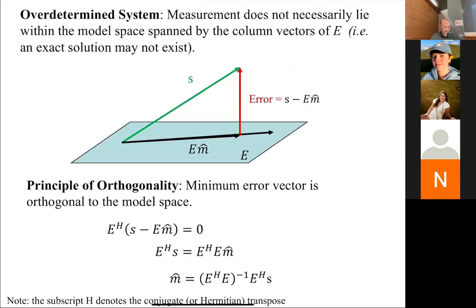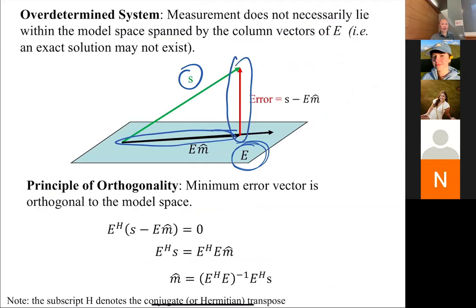Okay. So just to give you a sense of where that solution comes from: our encoding matrix spans some vector space, right? Our data doesn't necessarily lie in that vector space because it's an overdetermined set of equations. Therefore, we're looking for the solution, some combination of the columns in my encoding matrix, that makes this error the smallest.